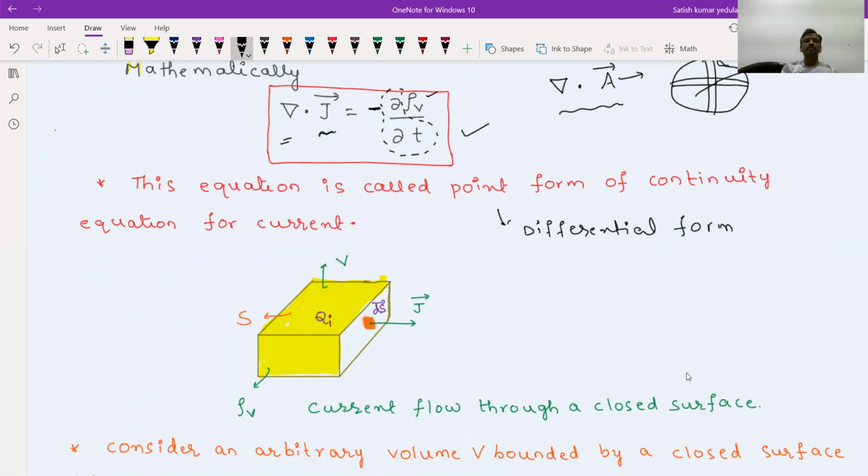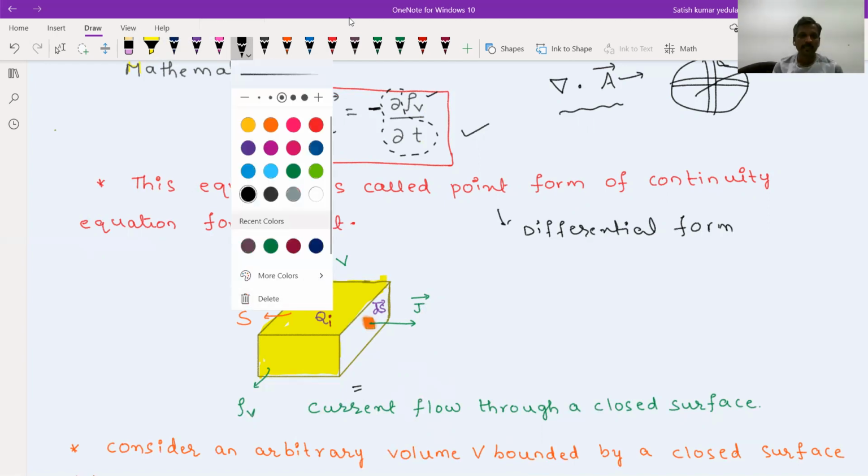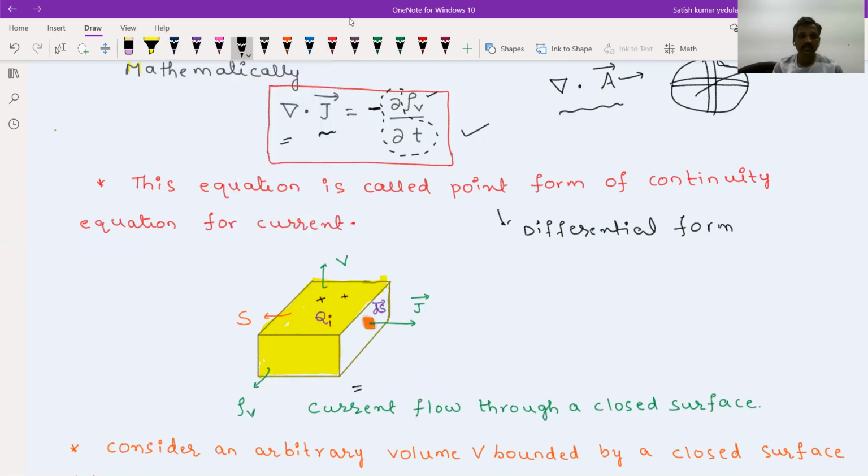So to prove this, let us take a closed surface. You can take this particular surface in any form, either an irregular closed surface, or a spherical surface, or a rectangular box, or a square box, anything. But inside you will always have some charges present.